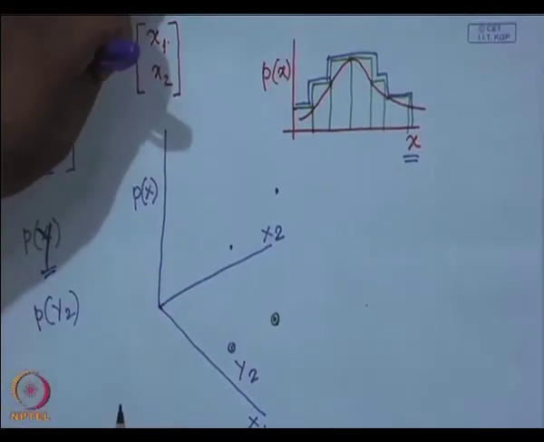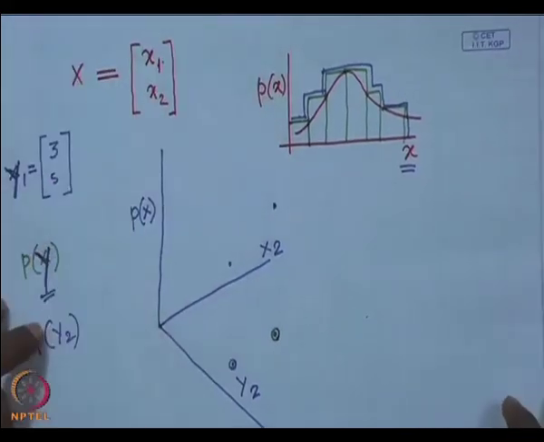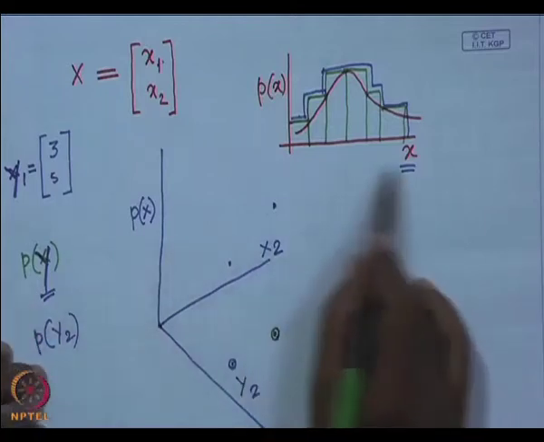So, for probability density estimate, as in the 1-dimensional case, we divided the range of x into a number of bins of certain width. In the 2-dimensional case, I have two different variables, x1 and x2, the two components of my vector x.